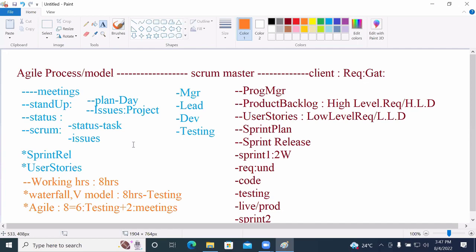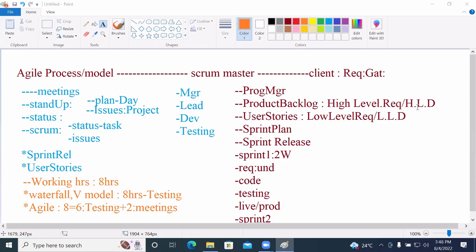But as part of real time and as part of the interview, you need to get comfortable with all these terminologies. If the interviewer asks what kind of meetings, what is meant by product backlog, what is meant by user stories, you need to be comfortable. That is what we consider the Agile terminologies, or the Agile process.